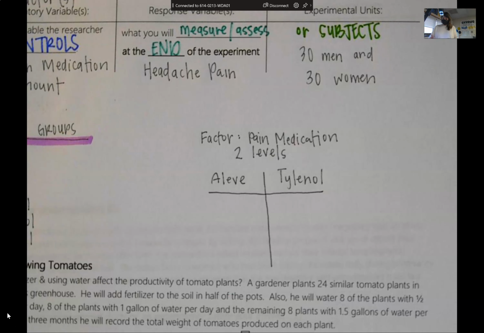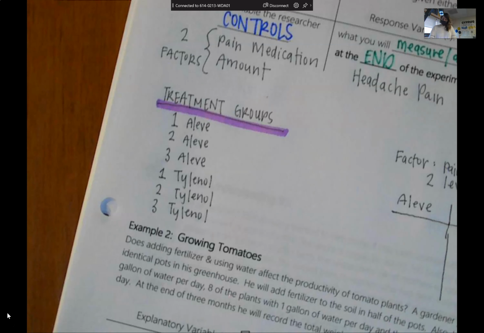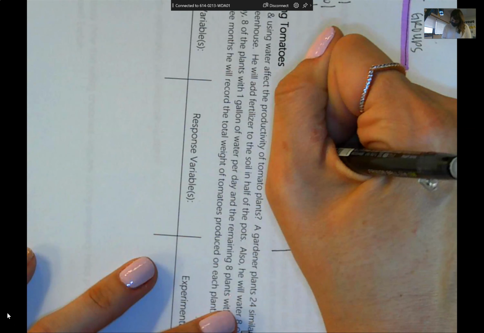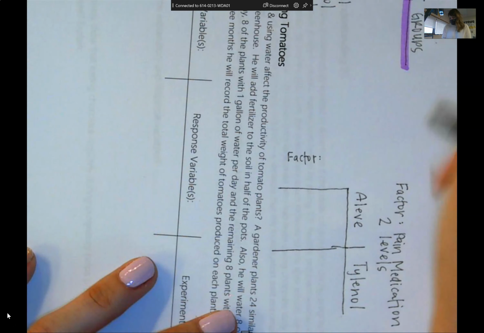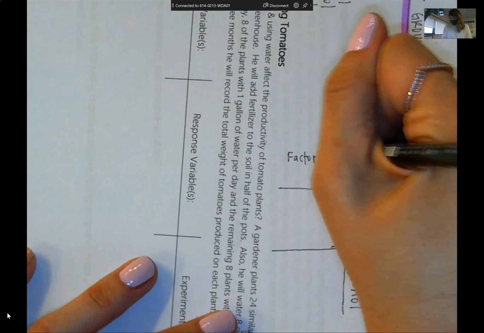Now, down the vertical side, I am going to write the other factor. So I'm going to flip my paper on its side. And I'm going to say factor. This time, the factor is the amount.